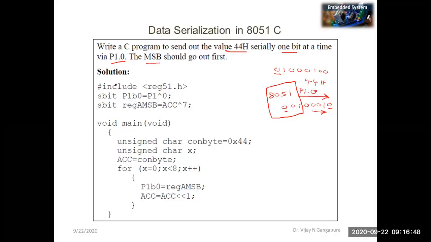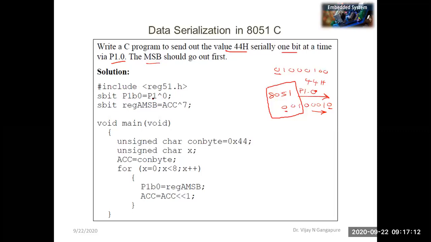Now see, #include reg51.h, sbit P1B0. So we are declaring P1B0 as of type sbit, that is a single bit from a bit addressable SFR, that is port 1. So P1B0 is equal to P1^0.